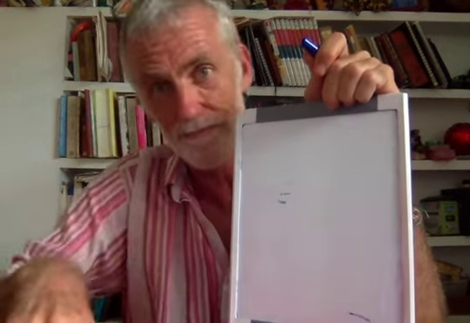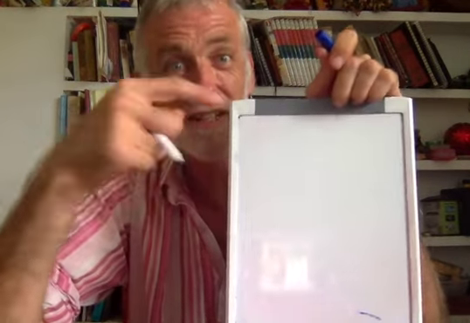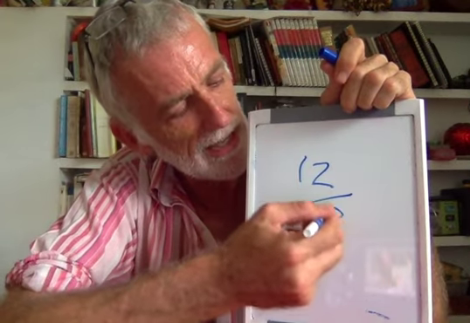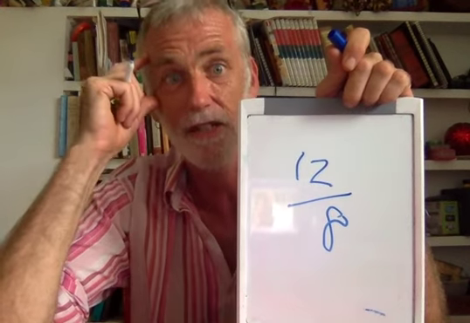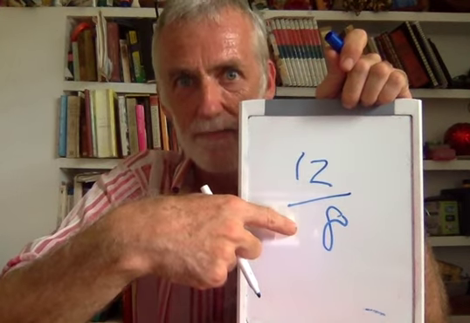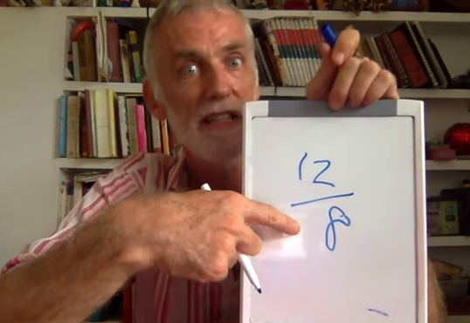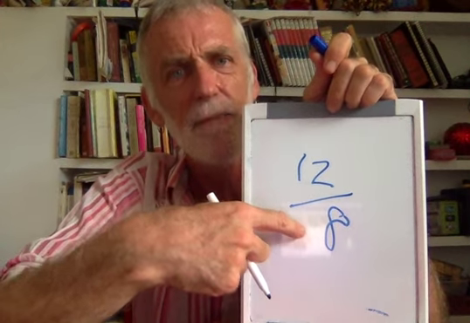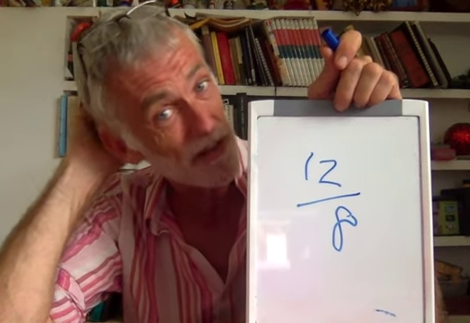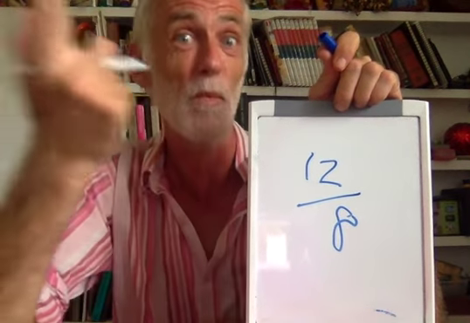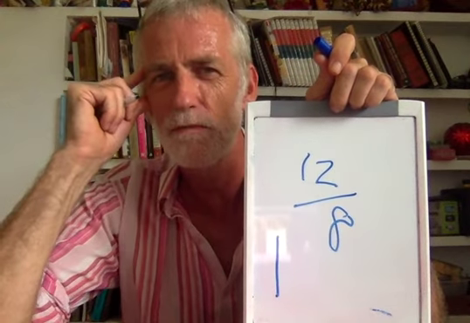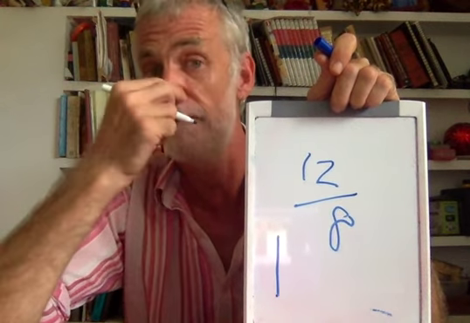What else? Oh, what happens if the number on top is bigger than the one on the bottom? 12/8. This is going to be a little complicated. If the number on top is bigger than the number on the bottom, then you can simplify that. How many 8s go into 12? So it's 12 divided by 8. You can put 1 8 into 12. How many do you have left over? 12 minus 8 equals 4.